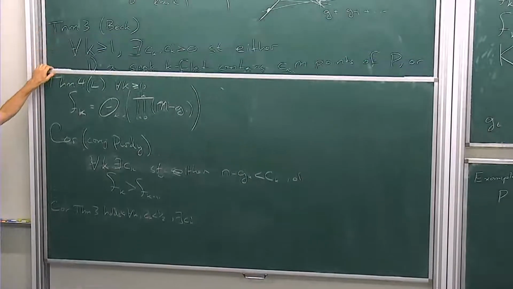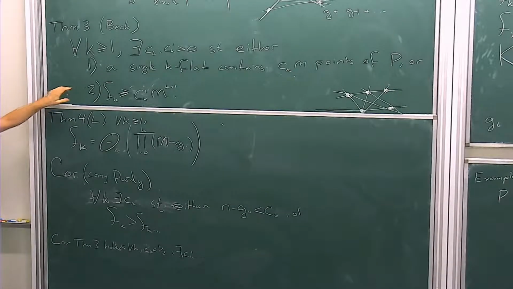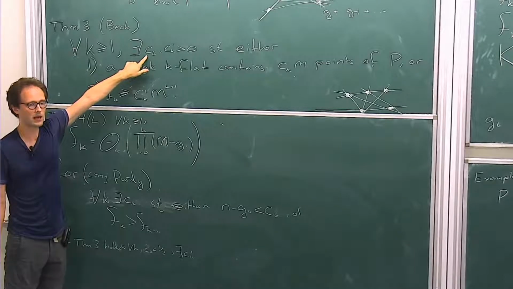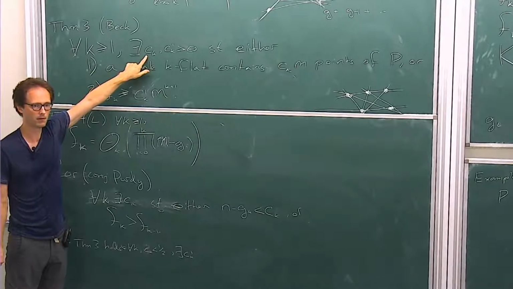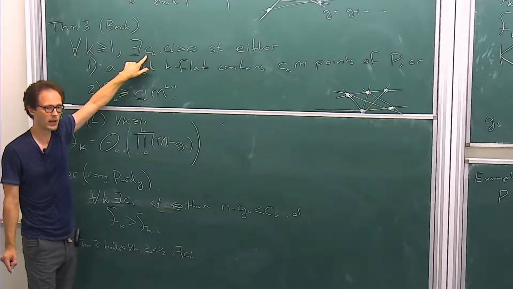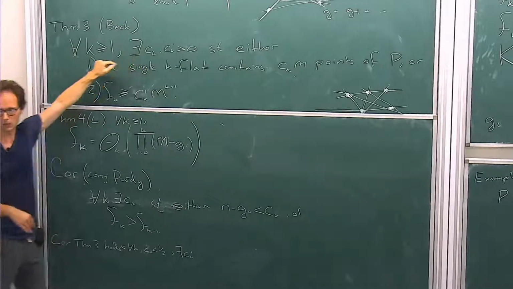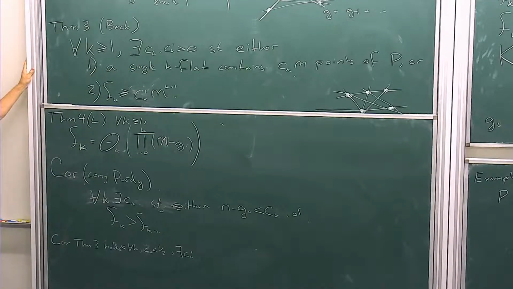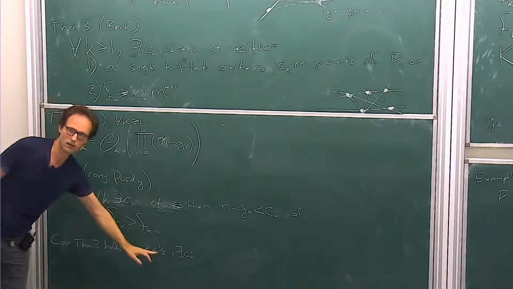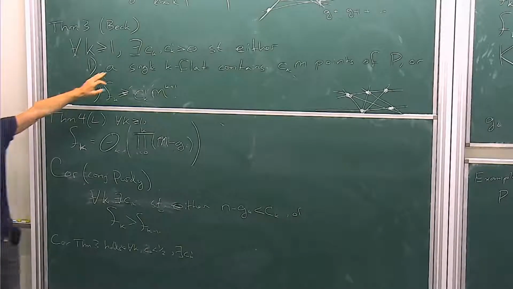So theorem 3 is, here we can always take c_k to be 1/2, or anything less than 1/2. We know we can't take it to be 1/2 already for C2, and we know that for C1 we can take it to be anything less than 1.